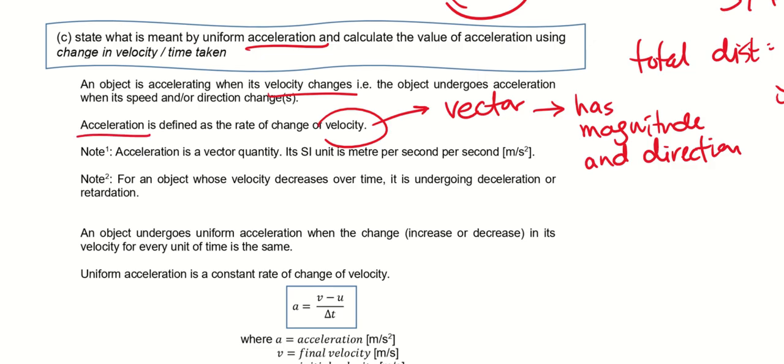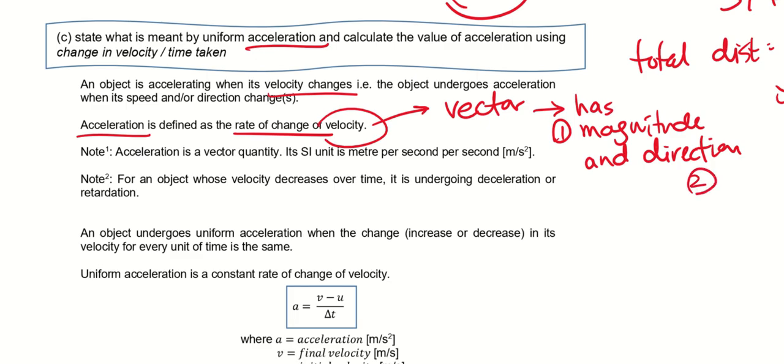And acceleration is defined as the rate of change of velocity. That means as long as your velocity changes, there will be acceleration. But velocity has 2 components. Component 1 is the size, big or small. Component 2 is direction.